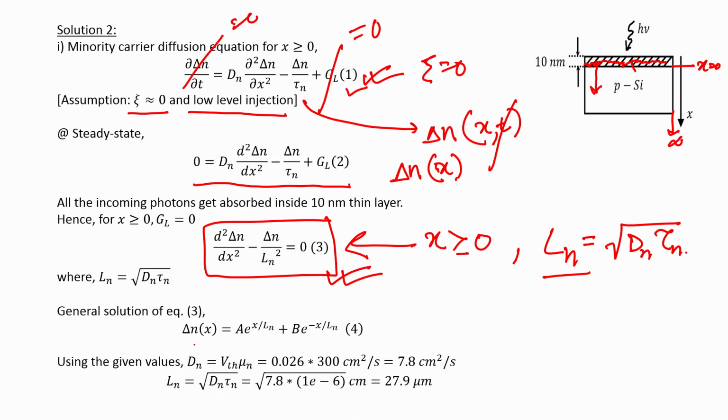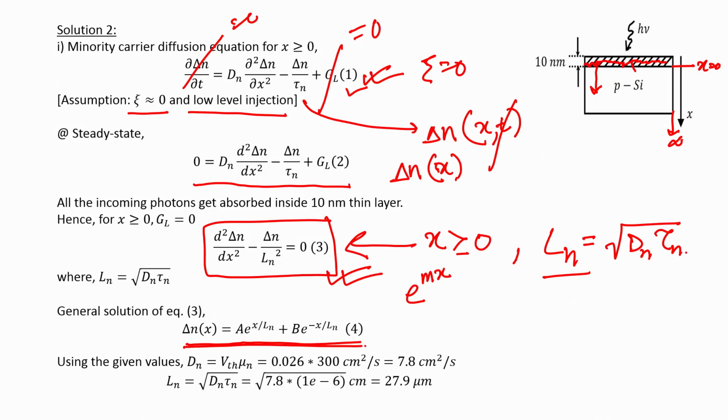This general solution will be given as a e to the power x by Ln plus b e to the power minus x by Ln. You just recall your undergrad maths, where we consider a trial solution e to the power mx to solve this kind of differential equation, and you will end up with this general solution.